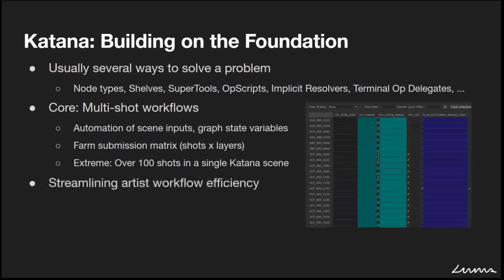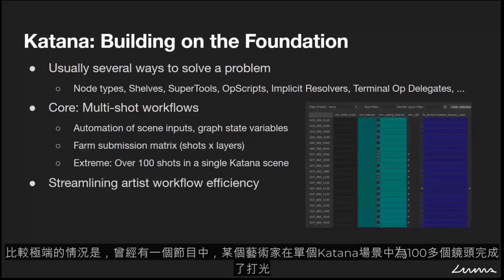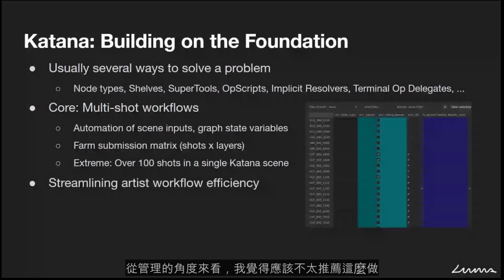At the extreme end, we at one point had a show where an artist was lighting over 100 shots from a single Katana scene, which from a management standpoint I don't think the artist would recommend, but it does speak to the power of Katana and its scalability.